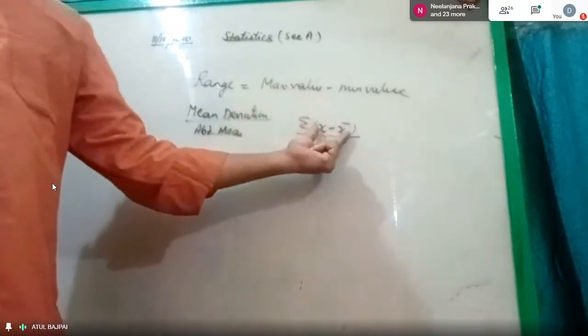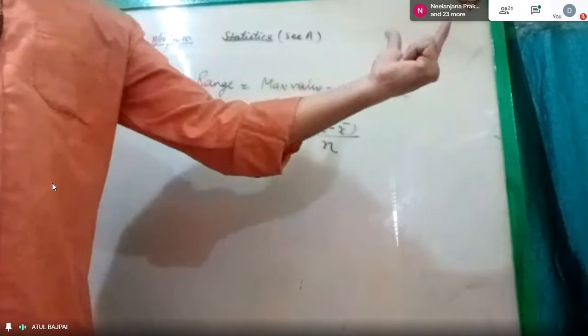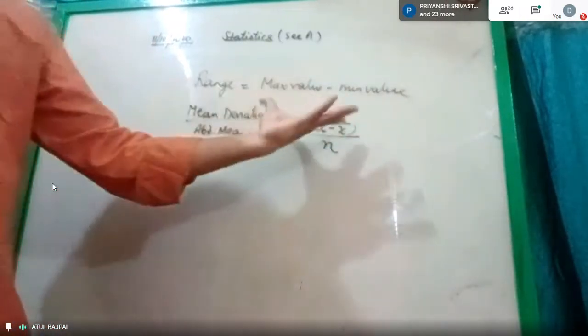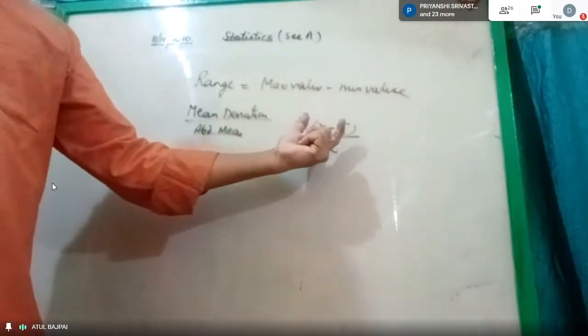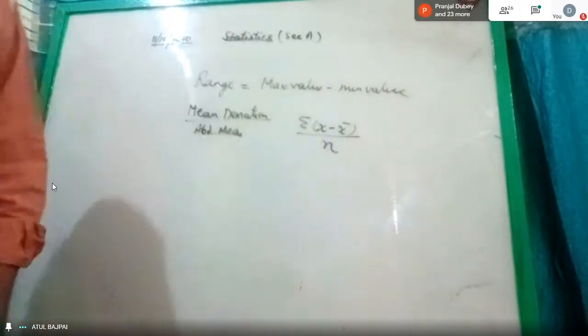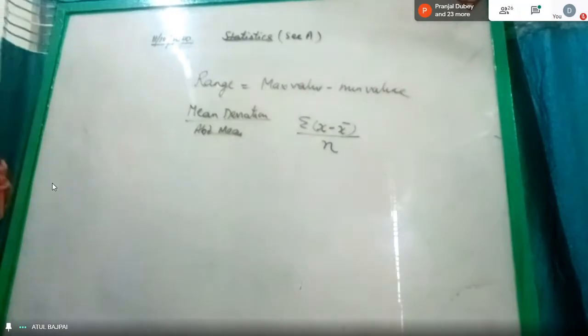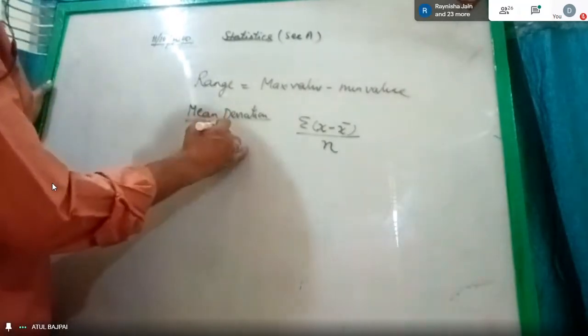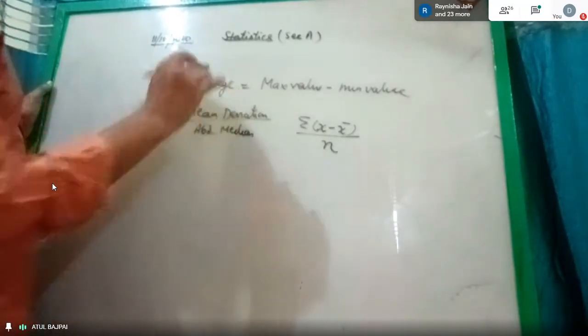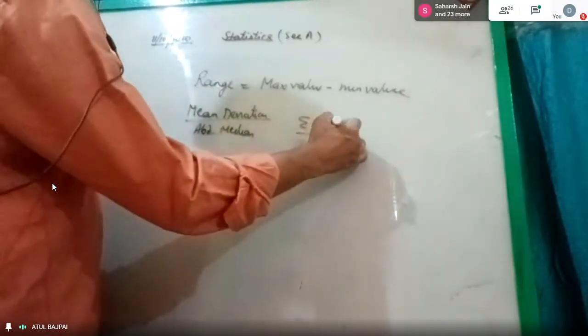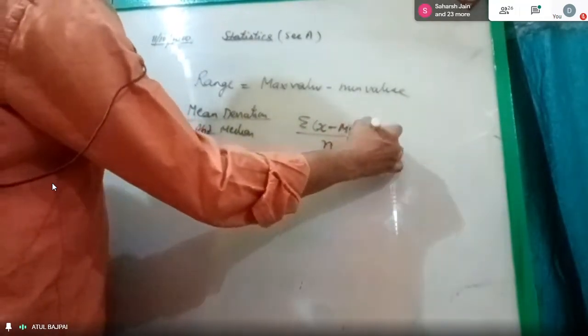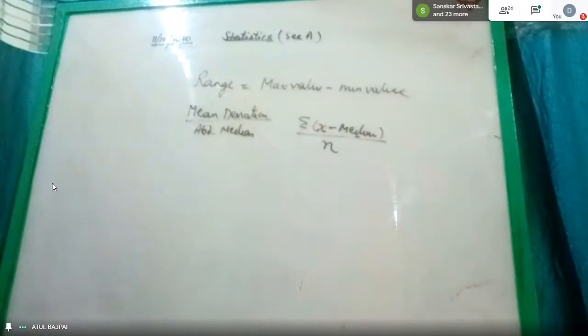We'll find the deviation of the X value from the mean, and all the values we will add, because average means sum upon number of observations. So sum of what? Sum of the deviations, D1 plus D2 plus D3, sum of the deviation from the mean. And if it is about median, it will be x minus median. Only a small change over here. X minus median. Clear?